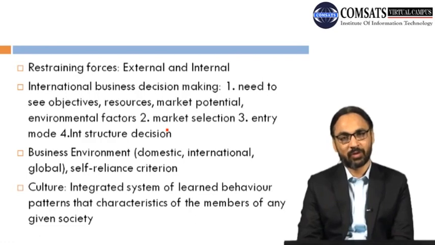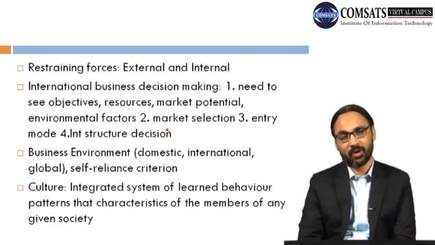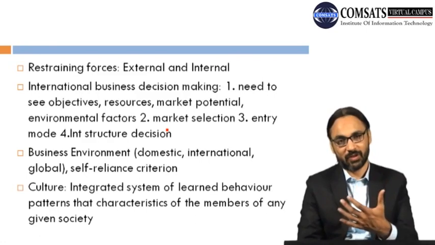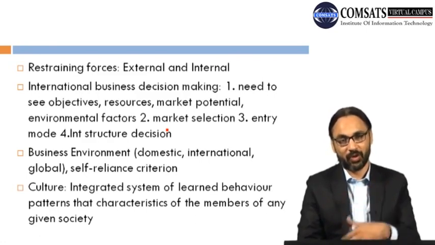These are the various modes of entry. Each mode has its pros and cons, and the firm has to choose which is best suited for it. In the last step, they have to make the international structure decision. They have to change the structure of their organization because of the shift from domestic to international markets.